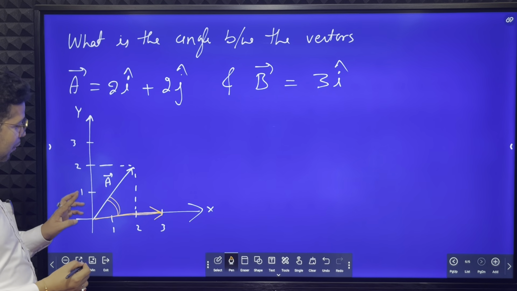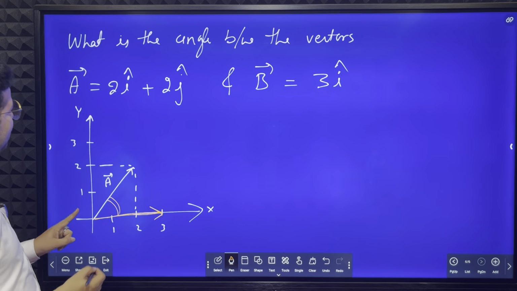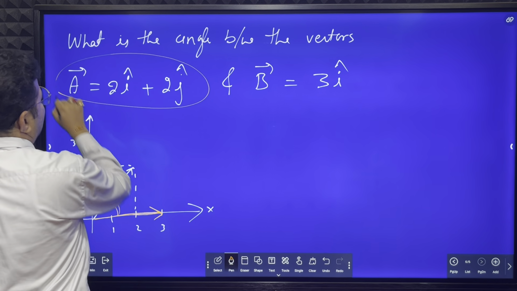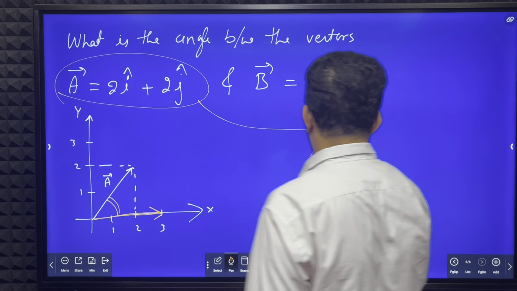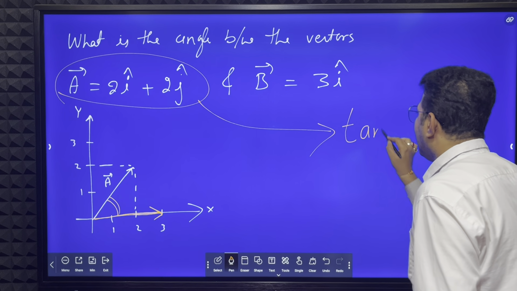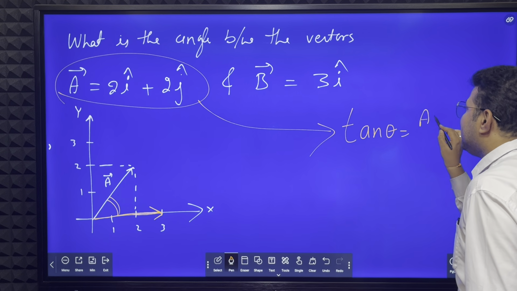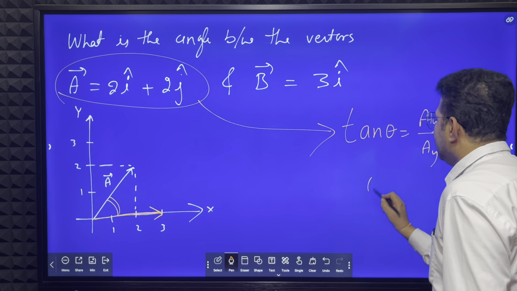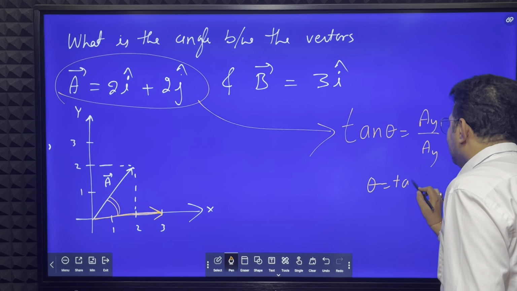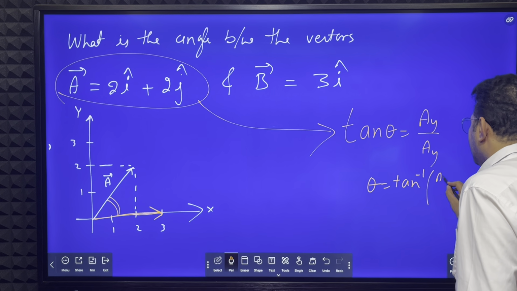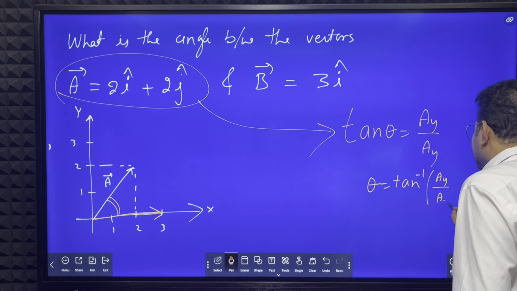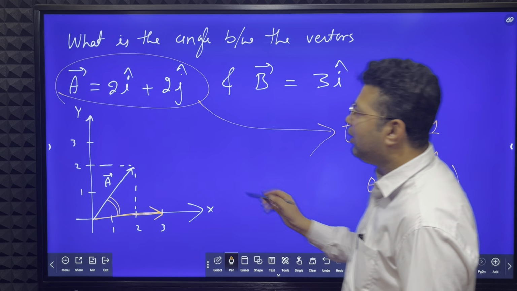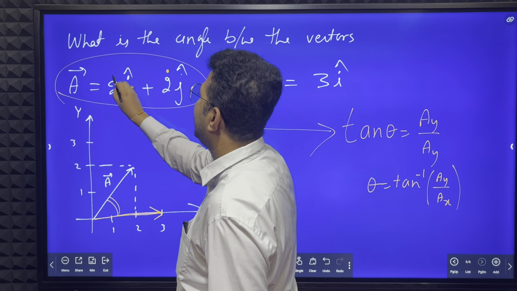Correct now? But what we will do? We will use the concept that we have just learned. tan theta equal to ay by ax. You remember? Theta equal to tan inverse of ay by ax. What is ay? Ay is 2. What is ax?